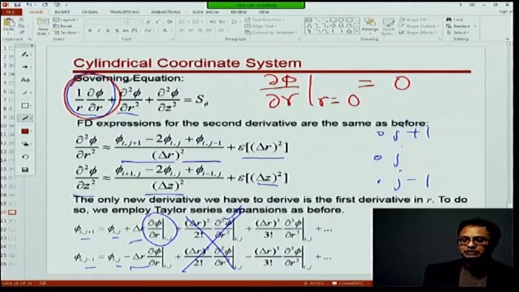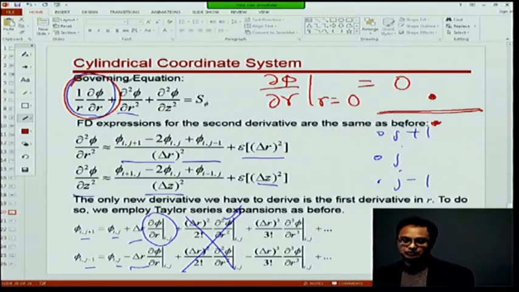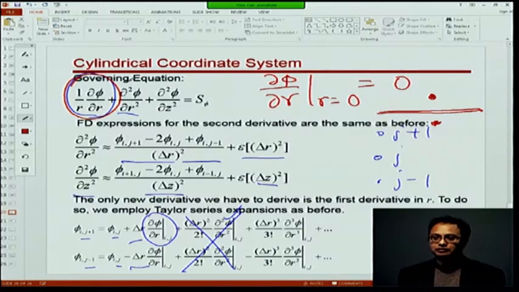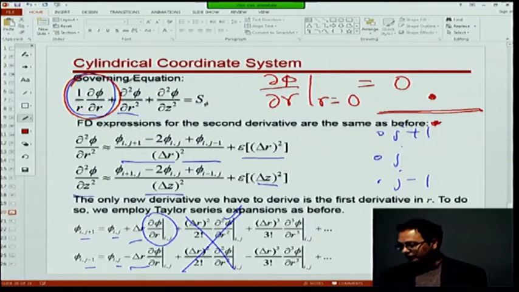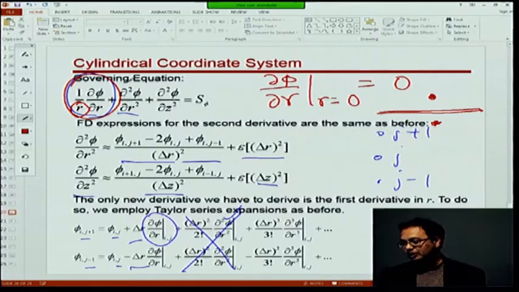If I make the derivative 0, then this is my axis of symmetry, and this value is equal to that value. That's what d phi dr equal to 0 does for you. But now you have r equal to 0 right there, so you basically have a singularity, 0 over 0. That requires special treatment, how to do the boundary condition here at the axis of symmetry.